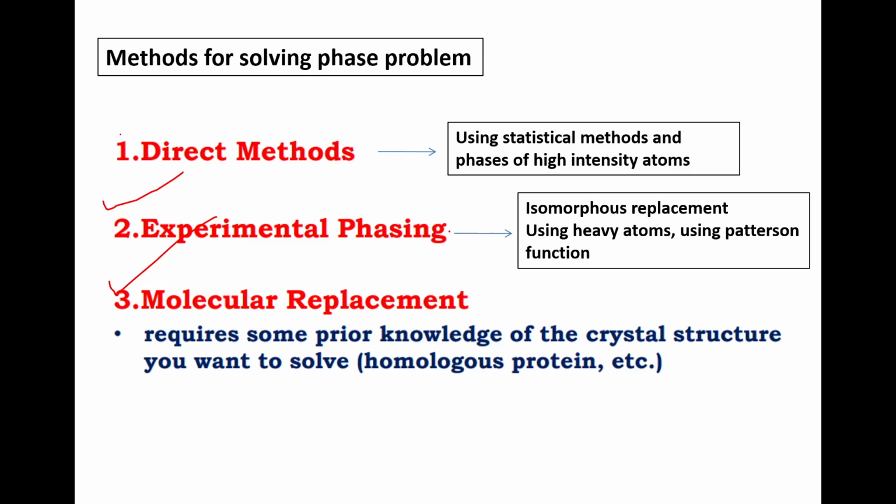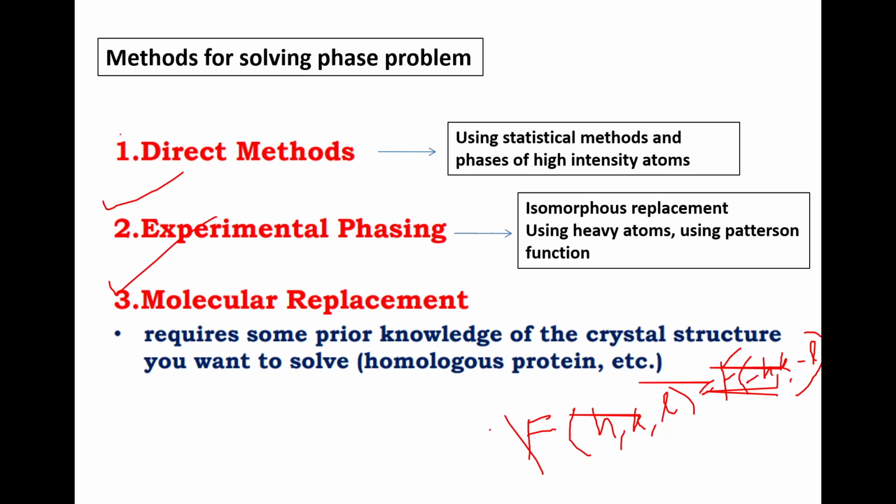For the ideal case, F(h,k,l) should equal F(-h,-k,-l). That is Friedel's law that we know, and it should be satisfied for an ideal crystal.